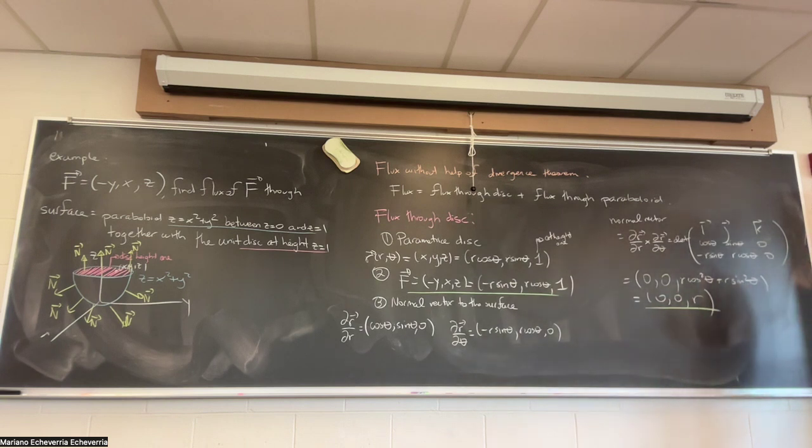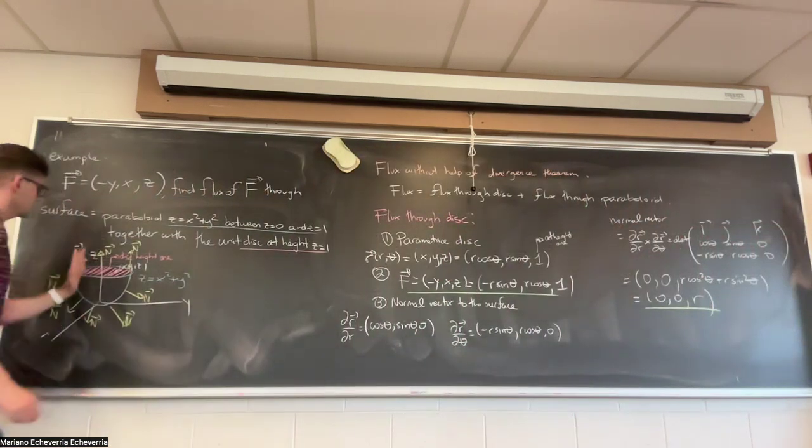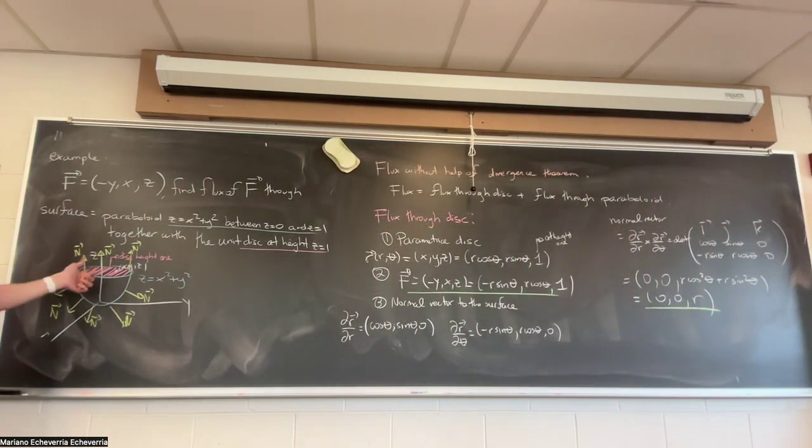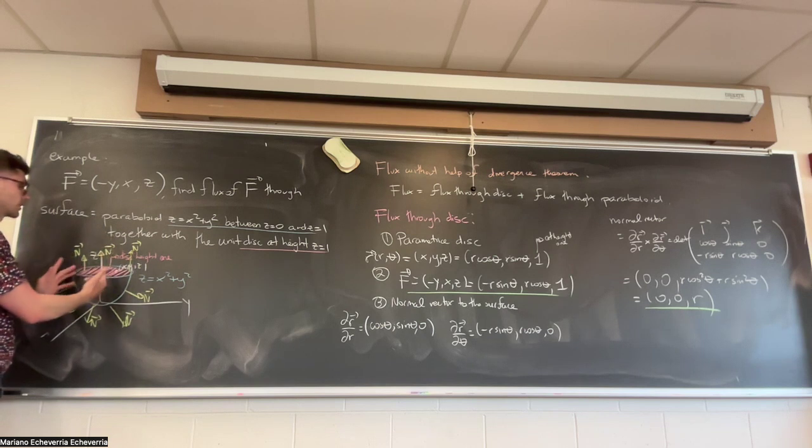The other thing to notice is that r is always non-negative, so this vector has a positive third component. It does match the picture because we want to choose a vector pointing away from the region enclosed by the surface.